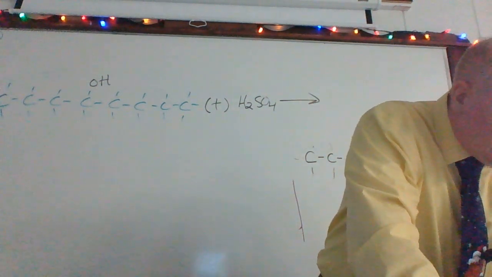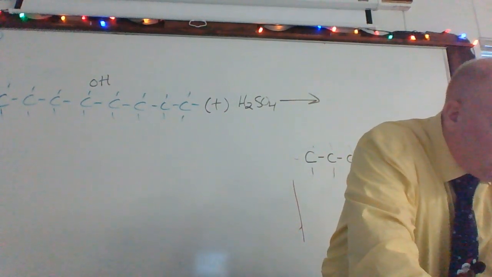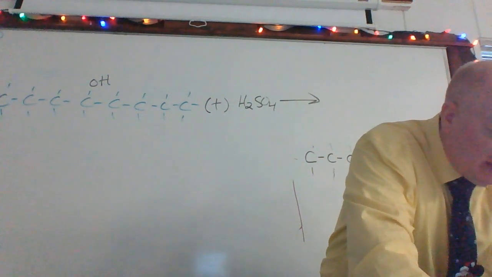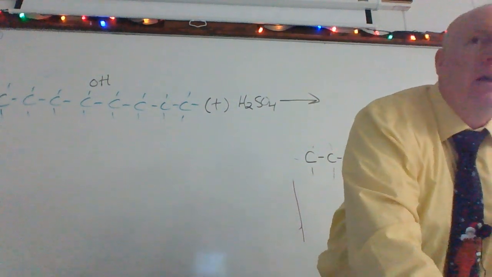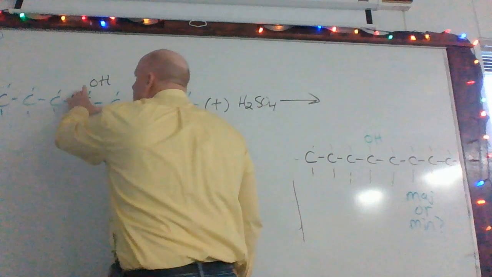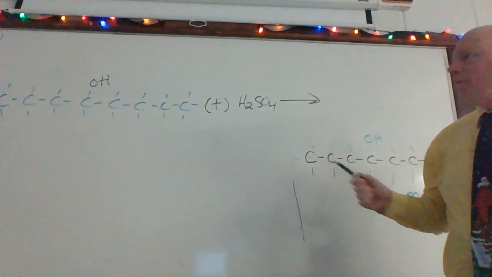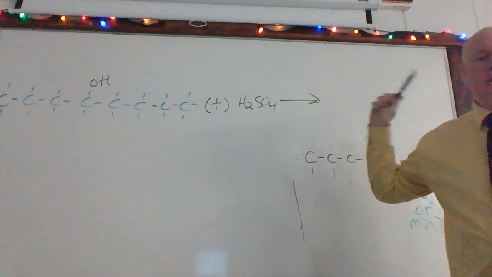Because what it says at the very bottom of page 388, 2-hexene and 3-hexene are formed in equal amounts because each contains a di-substituted double bond. Because this is so close towards the middle, that's a di-substituted double bond, and they form in equal amounts. We'll continue with that on Monday.